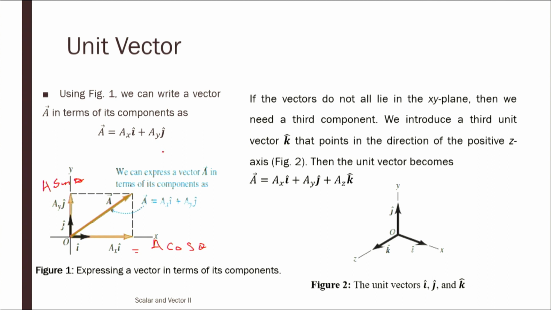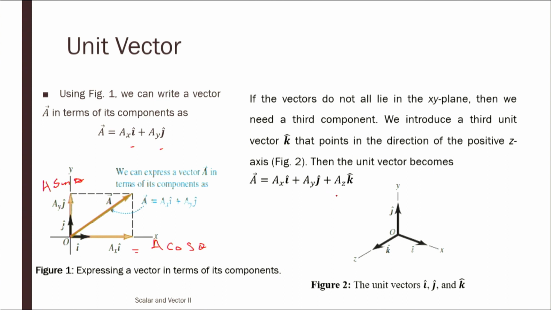Now that we understand our unit vector, which can be i, j or k, we can describe our vector along ax, and we include our unit vector pointing towards the x direction and our ay along the y direction.